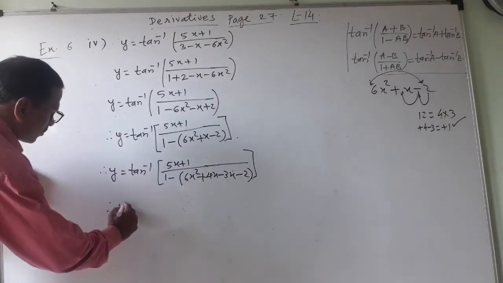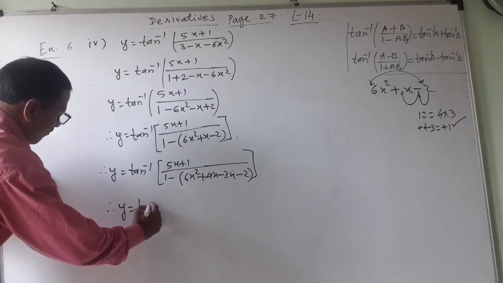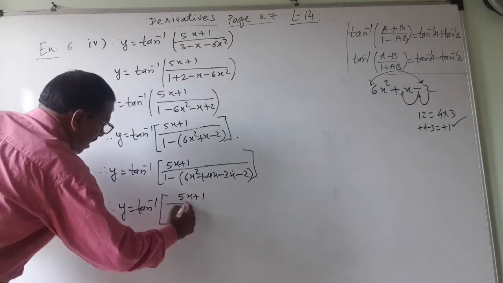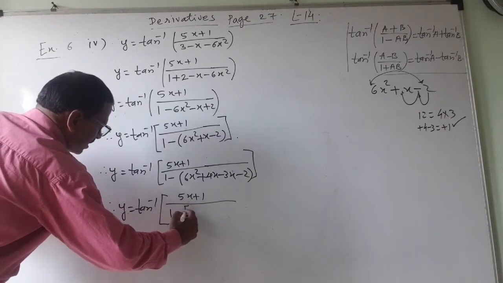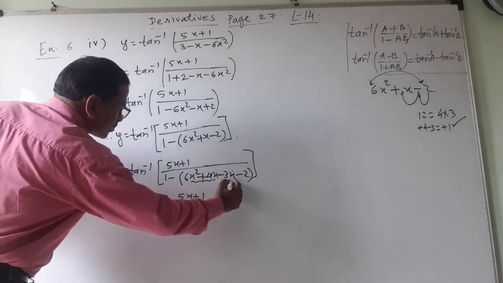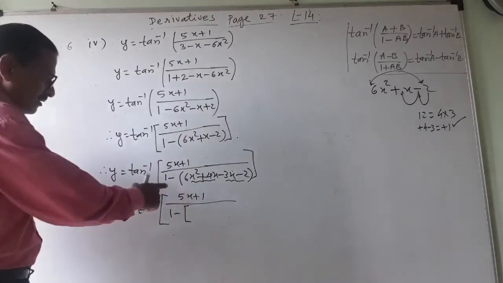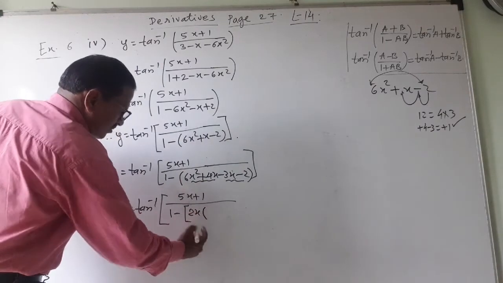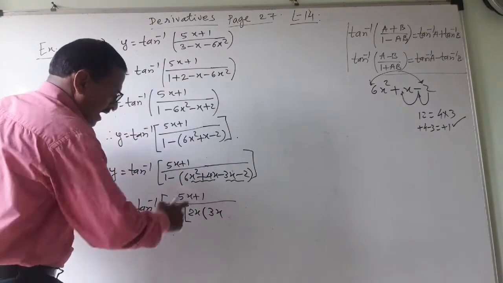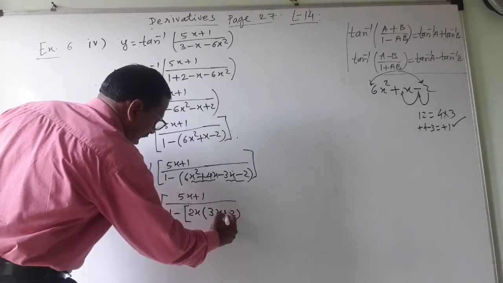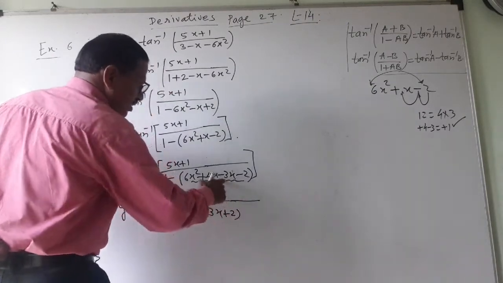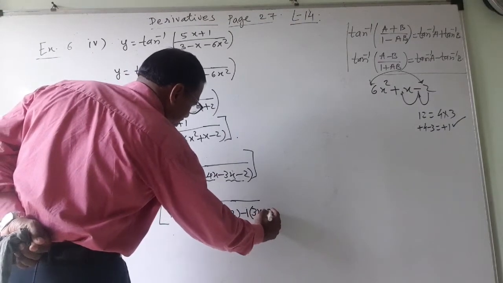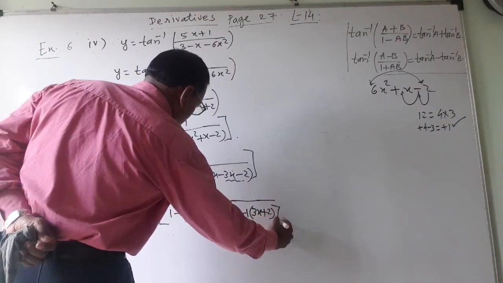Therefore, y is equal to tan inverse of 5x plus 1 upon 1 minus, I will make the two groups and take a common. This can be divided by 2, this can also be divided by 3, so 2x is common. 2 3s are 6, and x is remaining, plus 2 2s are 4, means 3x plus 2. Now through this, what is common? Minus 1 is common, and then the signs will change this way.